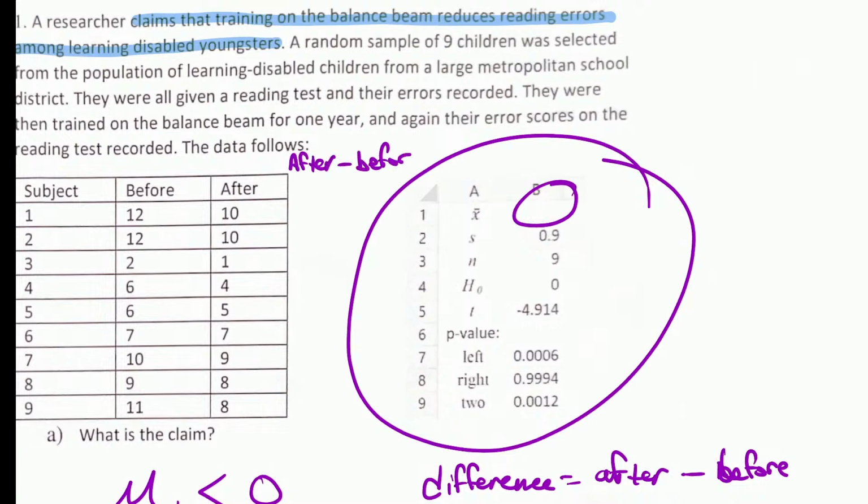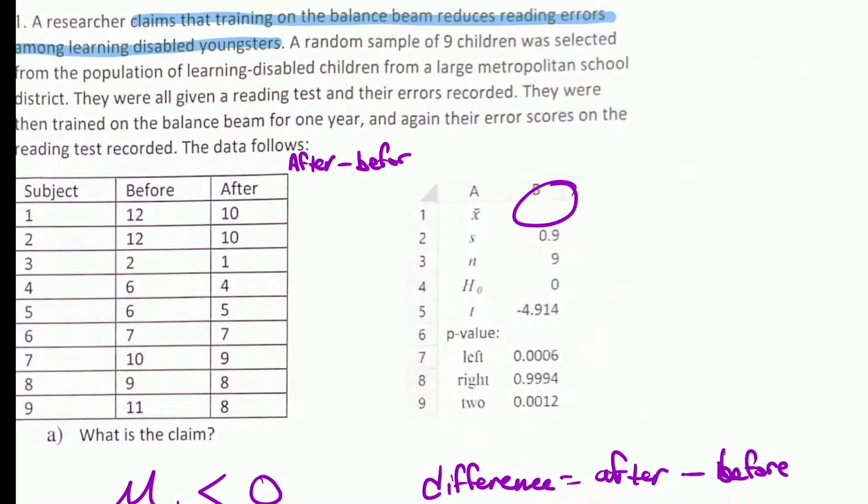We need an additional column here in our little chart, so after minus before is going to go here. I'll make these numbers. It's a little annoying that they're all negative, well, except for that one. But if you made them all positive, then you would be getting the opposite of what we were doing here. But I think you can still figure it out.